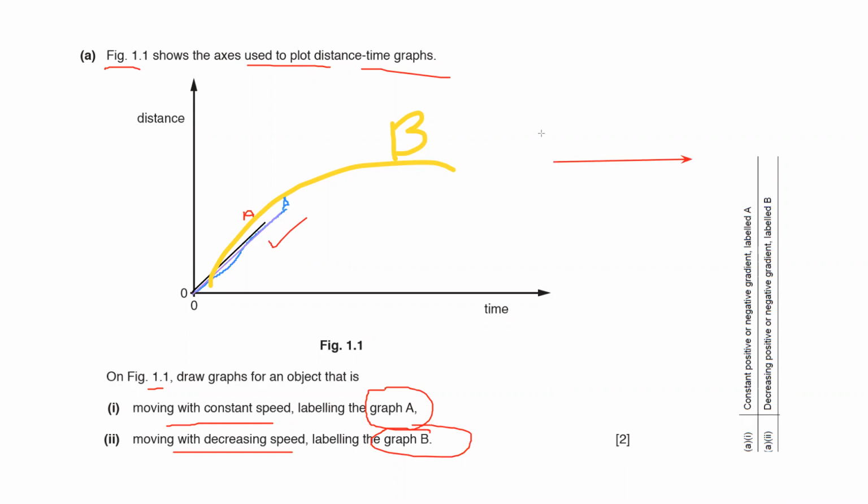So when you complete this, the first answer will be A, which is a straight line. Constant gradient shows speed is constant. And you don't have to start from the end of A, you have to start again from the origin. That B shows that the speed is decreasing, so the slope should decrease.